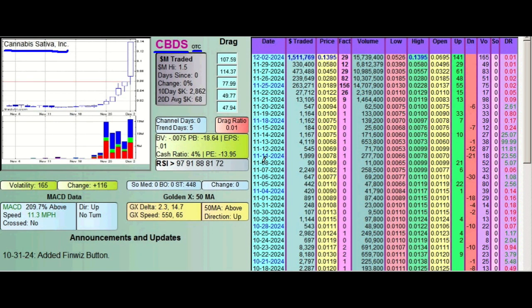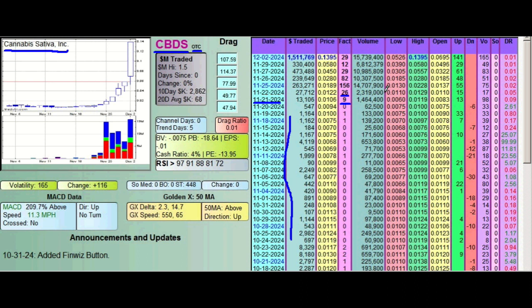Now this first showed up on a scan here on 11/21 with this 9 factor. And previously she's done hardly anything. So this is just a sleeper, and all of a sudden she wakes up. The next day she went up 15%, actually had a 26 factor.